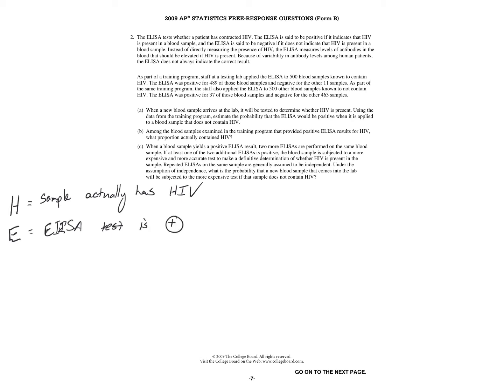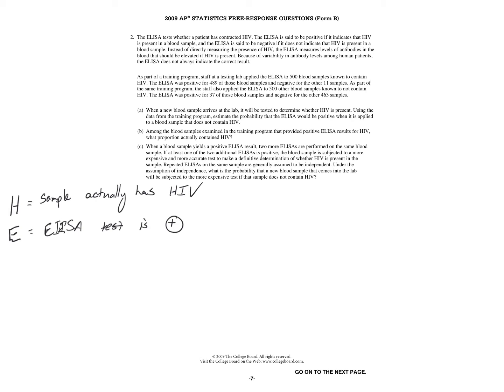And so that leaves us with some nice obvious complements. H complement would be that the sample actually does not have HIV, and E complement would be that the ELISA test is negative. So most of the time these two things will go together, positive and actually having it, as well as negative and not actually having it, but there's a little bit of error space, and so we got to be used to that.